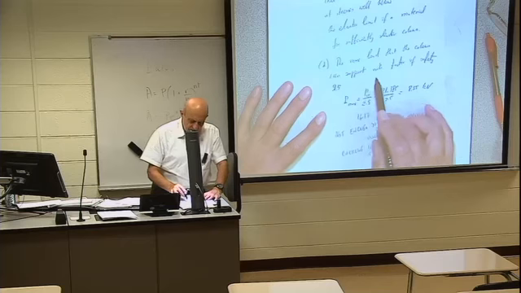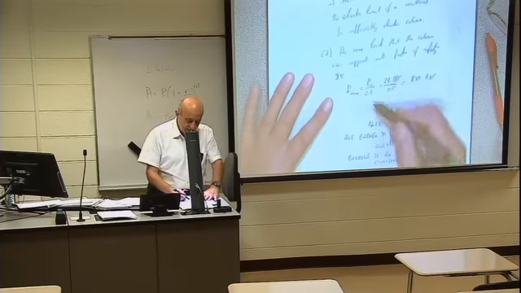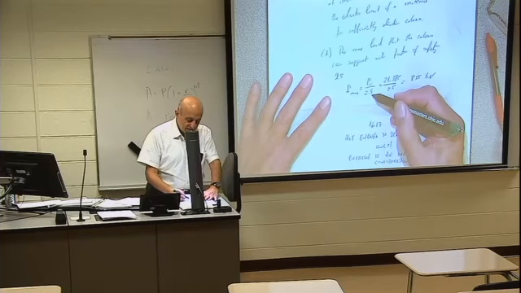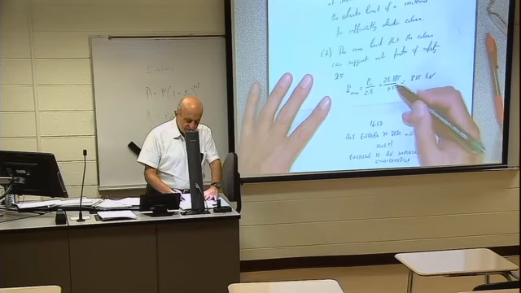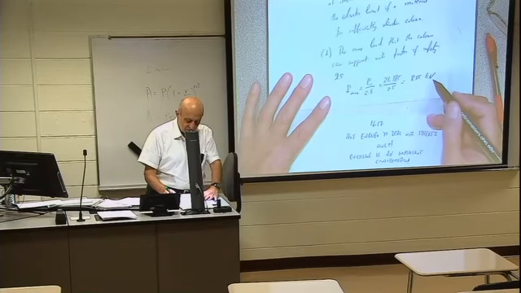The maximum load that the column can support with factor of safety 2.5 will be P critical divided by 2.5. 21,385 divided by 2.5 equals 8.55 kilonewtons.